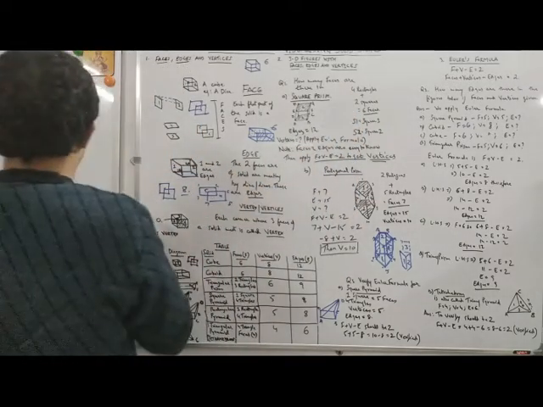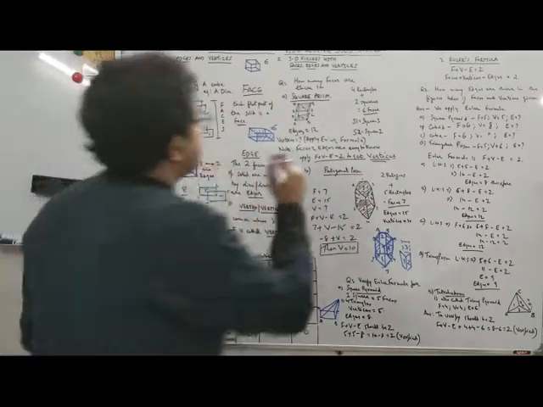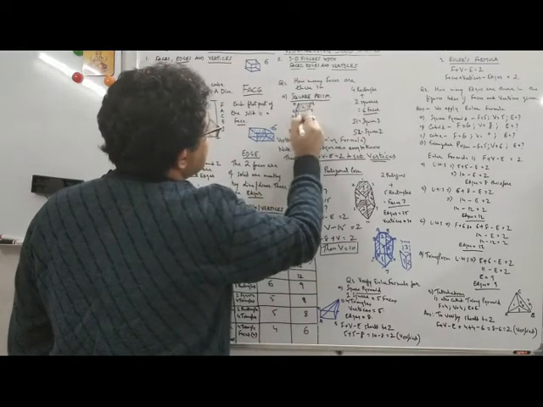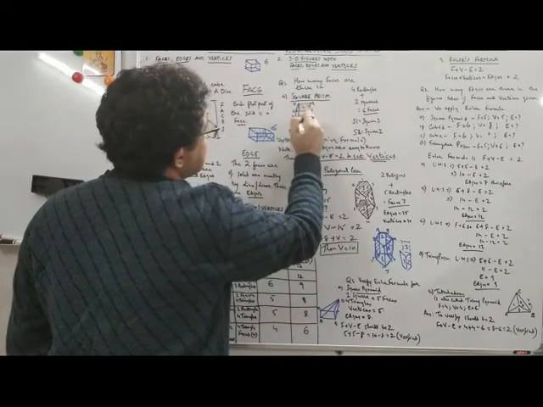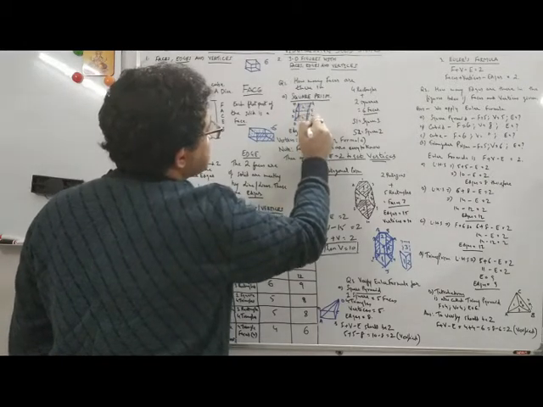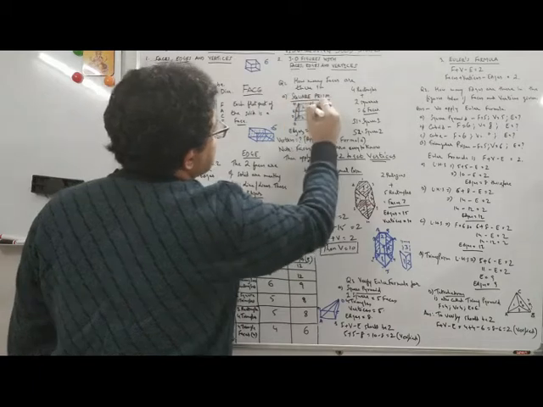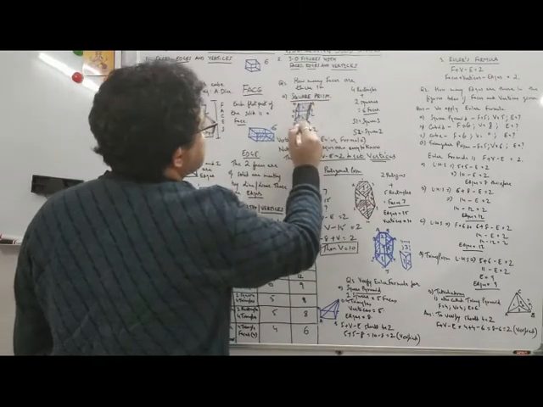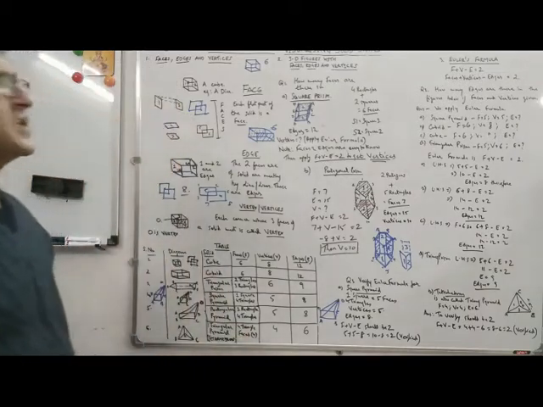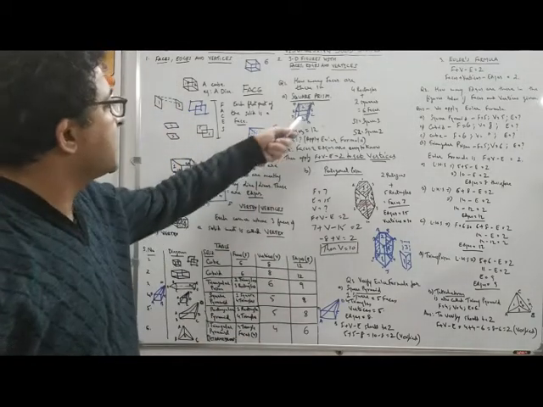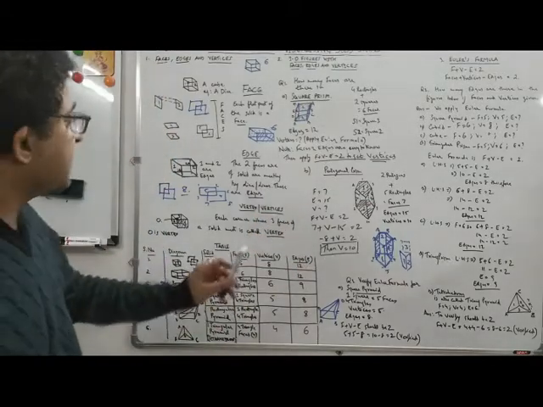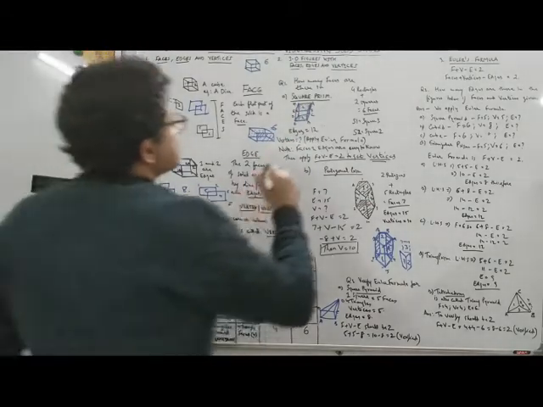You can easily count the edges: 1, 2, 3, 4, 5, 6, 7, 8, 9, 10, 11, 12. So this is 12 edges, and then vertices, again 8. Is it 8? I didn't even check any diagram over here, 8, because I can simply see this.